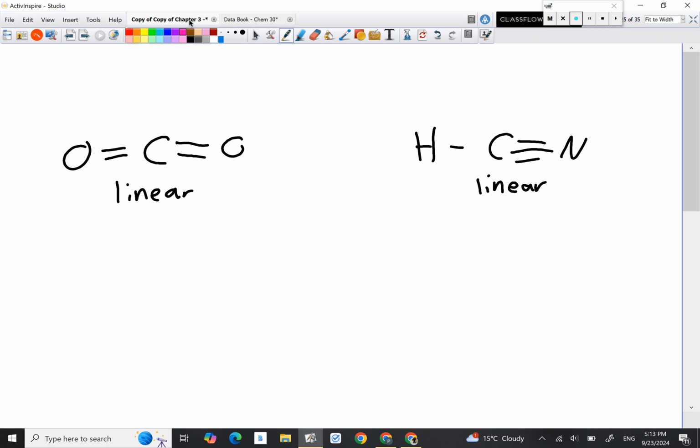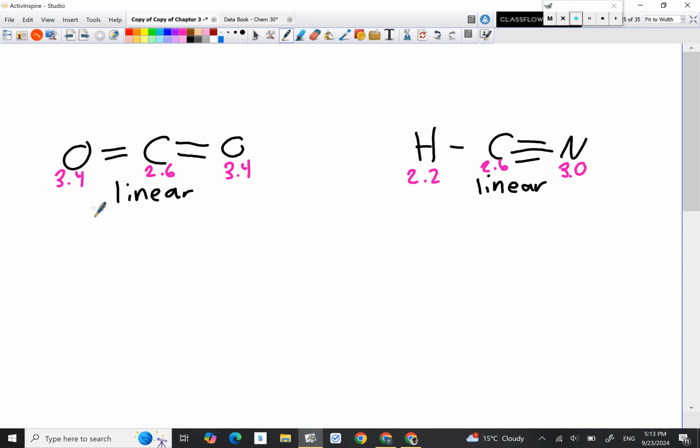I'm just going to write the electronegativities below the atoms. For carbon, the electronegativity is 2.6, oxygen is 3.4, and this one is 3.4. Carbon is 2.6, nitrogen is 3.0, hydrogen is 2.2.